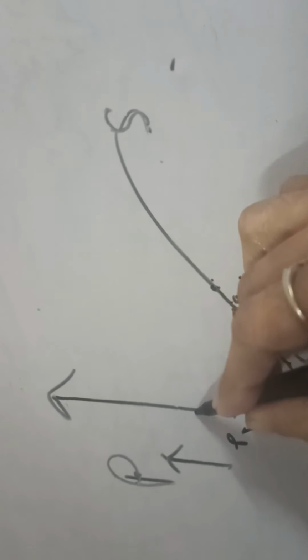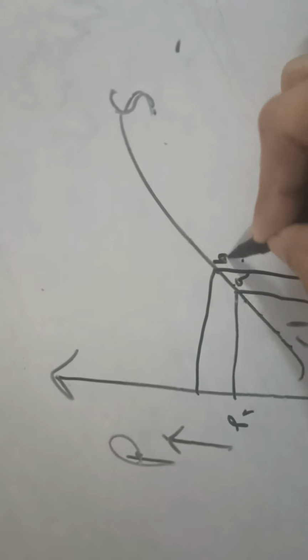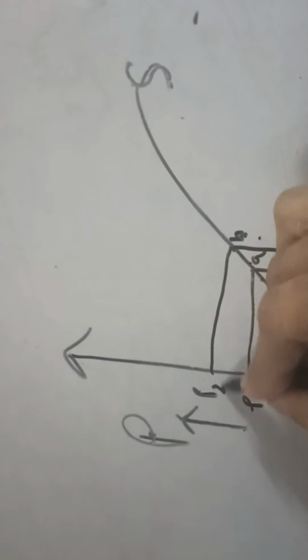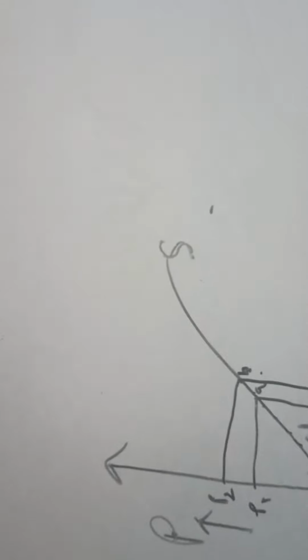Say at point B, we are getting P2 price and Q2. For P2 price, we are getting Q2. So in this way, different combinations can be represented as different points on the diagram.